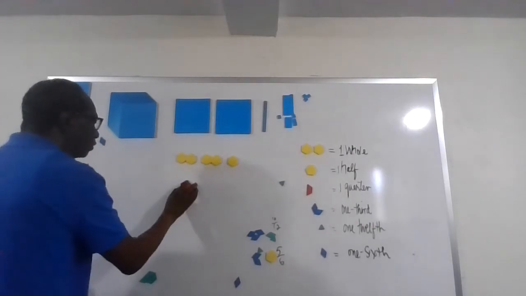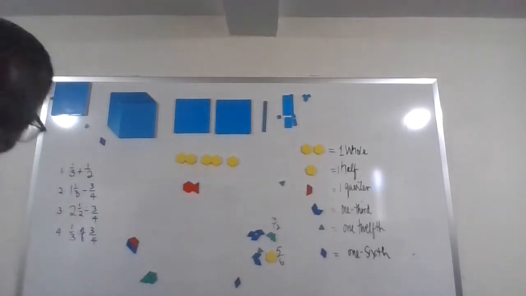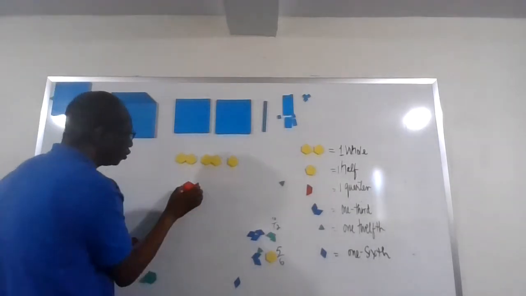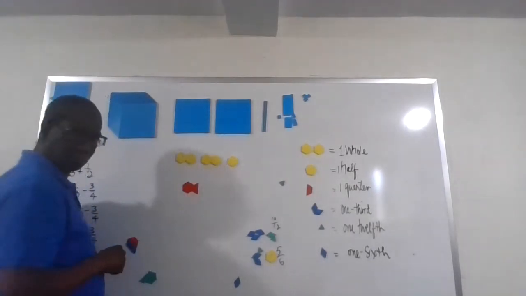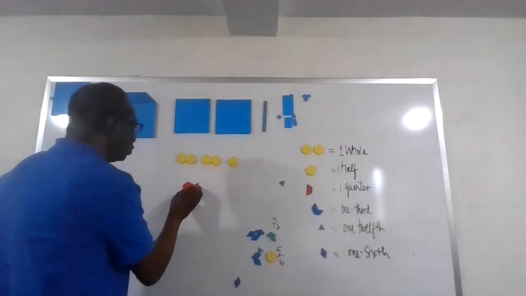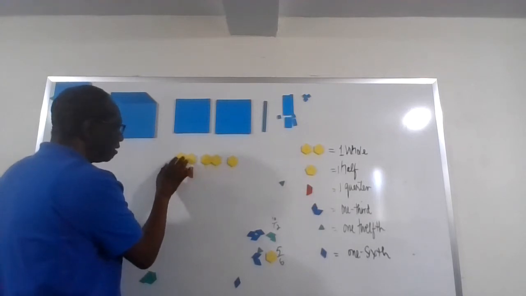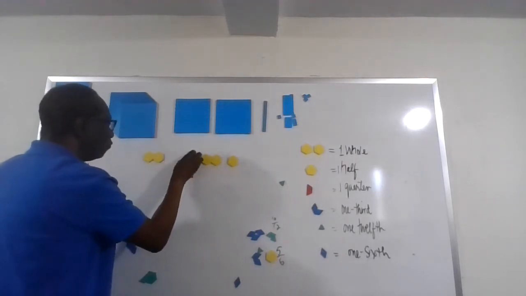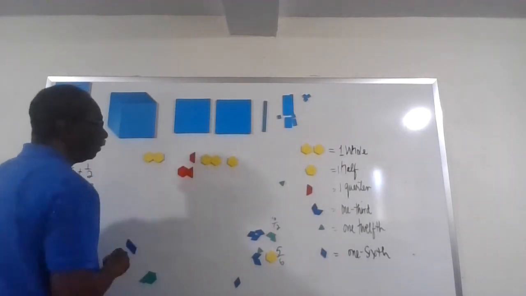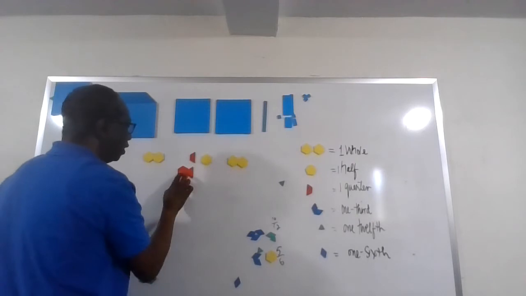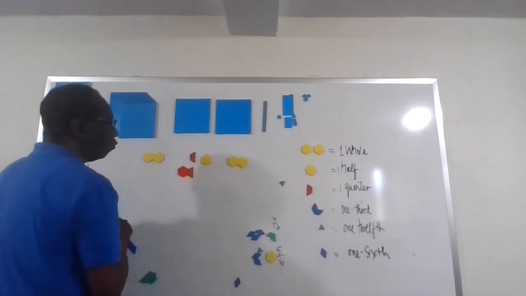So here's my 3/4. And essentially what I'm trying to do here, I'm trying to find out how many times can I cut this 3/4 out of this. So you can see right here, I can cut it out one time and that will remain. And then I can cut it out another time. This will cut that out one more time.